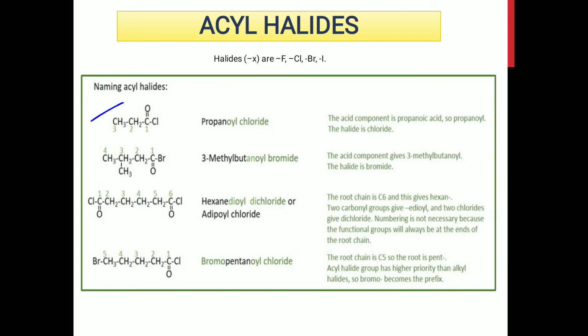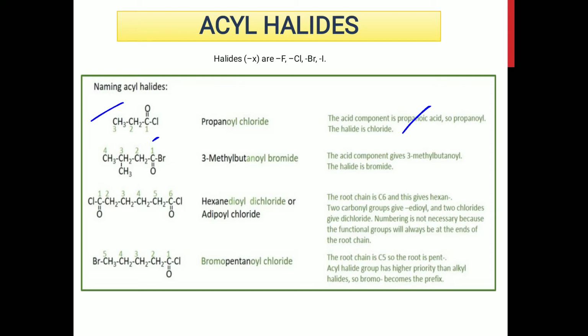For 3 carbons the parent alkane becomes propane, and the suffix we use is oyl and halide. Halide is our chlorine, so it becomes oyl chloride, meaning propanoyl chloride will be the name of the first structure. The acid component is propanoic acid, and halide is chlorine, so it becomes propanoyl chloride.